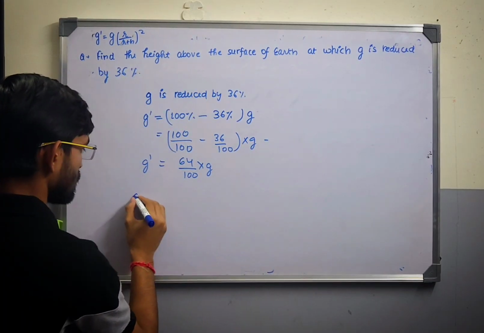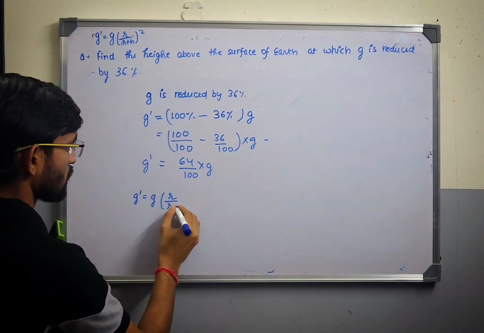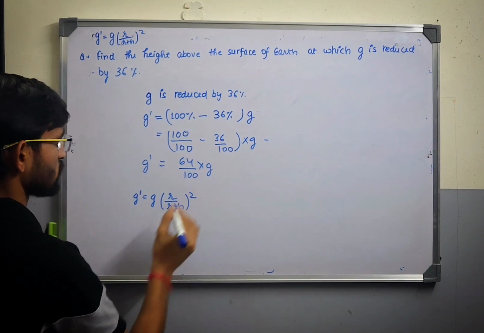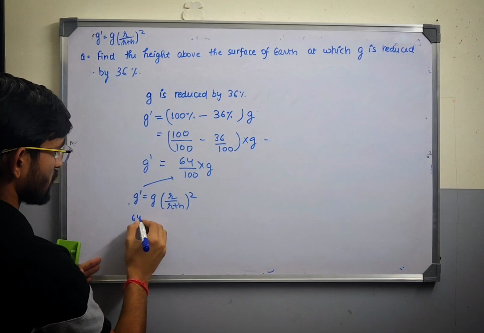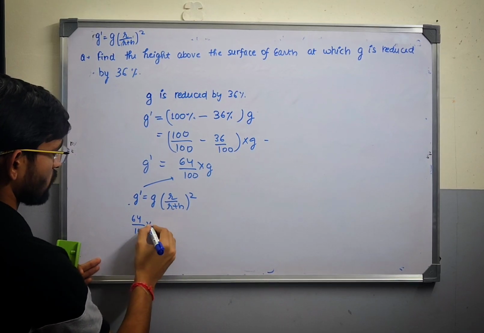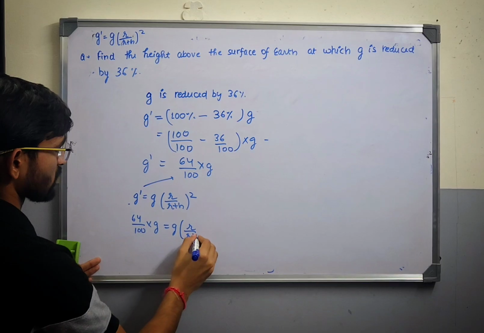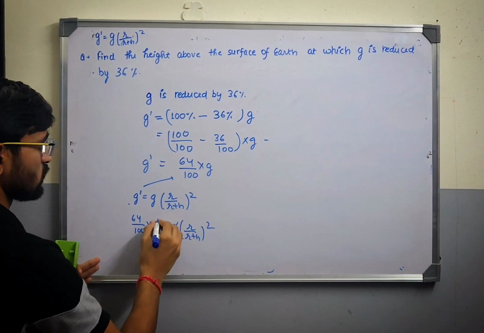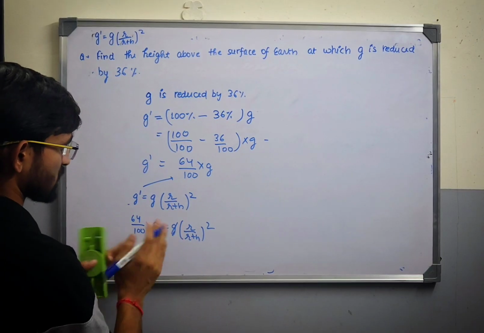We can write g' = g R²/(R+h)². This is given as 64/100 into g. Put it here: 64/100 g = g R²/(R+h)². The g and g cancel out, and we are left with 64/100 = R²/(R+h)².